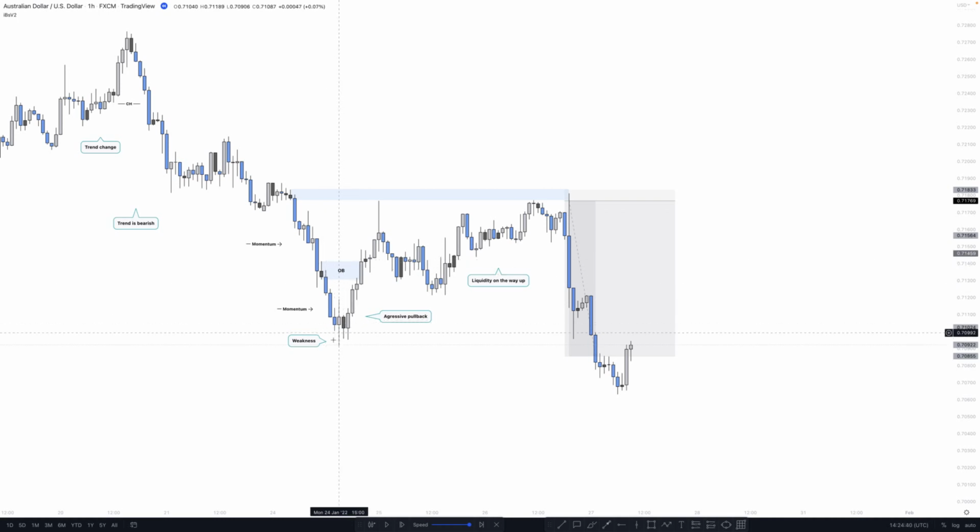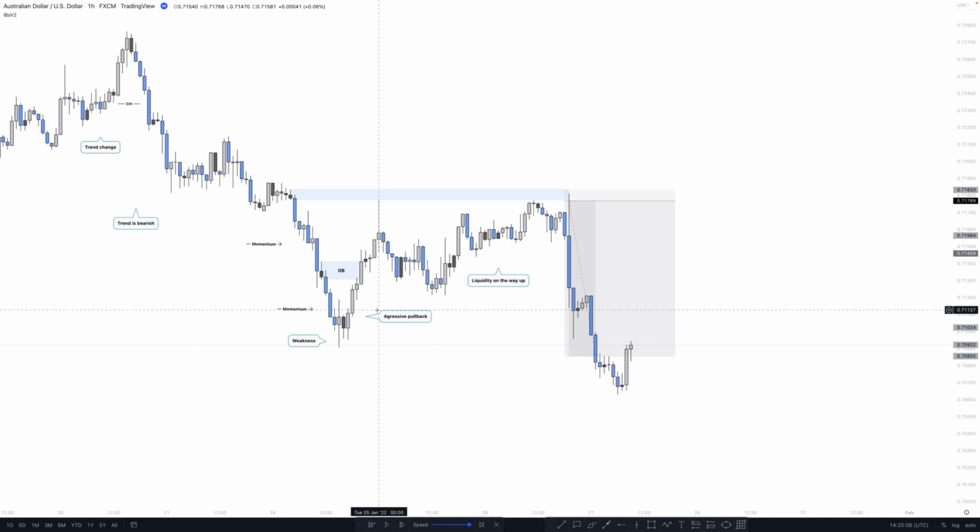So when you see a weakness and aggressive pullback, of course you're gonna ignore this order block. But what can happen is that at that specific moment, your emotions are high and you are starting to feel FOMO. And because all of the confirmations are quite nice, you are going to execute the trade on this order block. And what is going to happen? You are going against momentum and price is going to tag you out of the position.